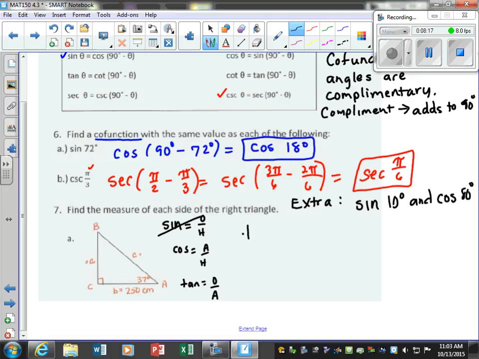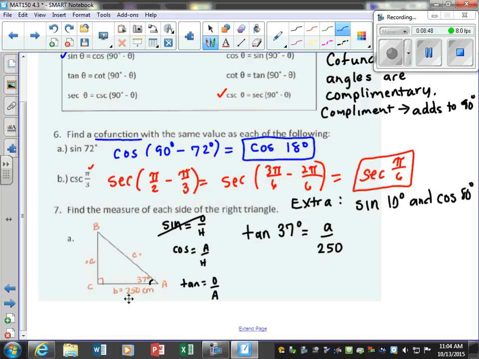I'm just going to start with tangent. Okay, I'm eventually going to use both, so it doesn't matter which one I start with. So let's use tangent. Tangent of my angle, this time I know my angle is 37 from right here. Tangent of 37 is going to be what? Side A, opposite, over adjacent. Now, we need to solve this for the missing side, so what are we looking for?